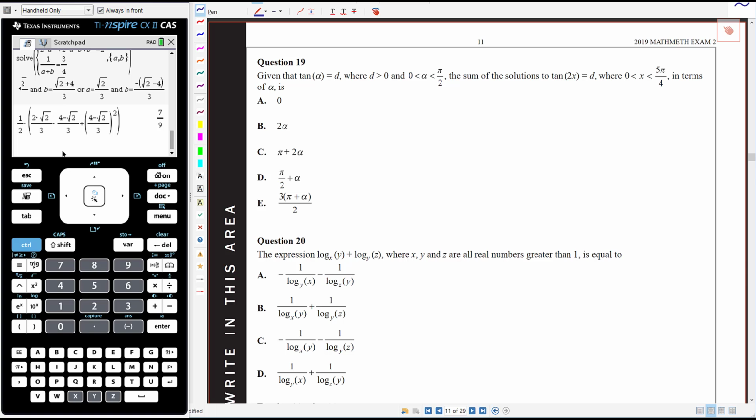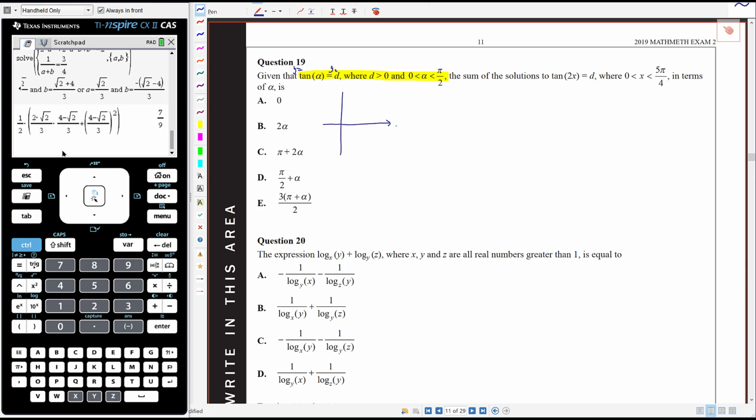Okay, so if we just have a think about this first bit of information here, tan of alpha equals D, where D is bigger than 0 and alpha is between 0 and pi on 2. So if we were to draw the graph of y equals tan of alpha and y equals D and think about where they intersect, tan of alpha only from 0 to pi on 2, so it's only half of the period of tan.